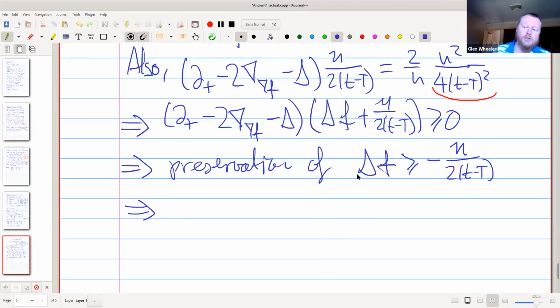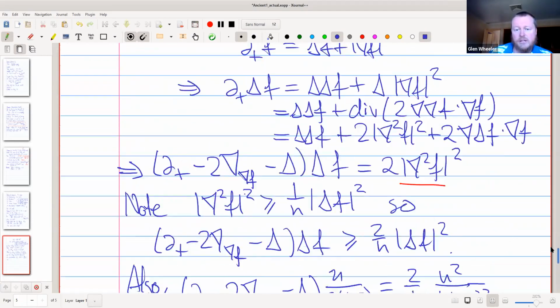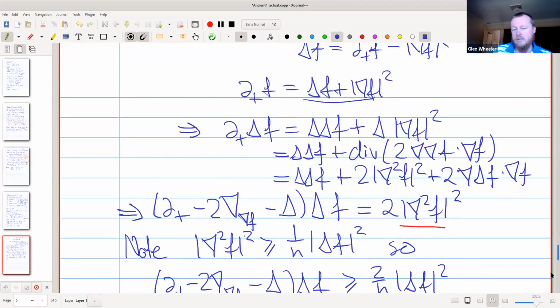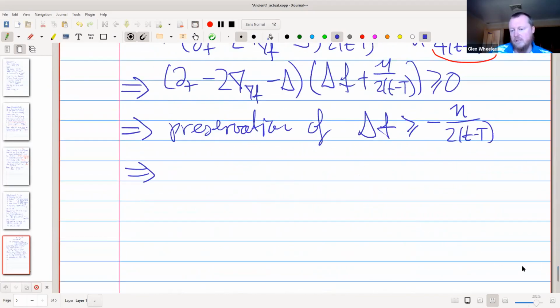And if you use our little equation we have for f, what's our equation for f? It's up here. So if we rearrange it, we get Laplace f plus gradient f squared is d/dt of f. That means that d/dt of f minus gradient f squared is bigger or equal minus n over 2 times t minus t.